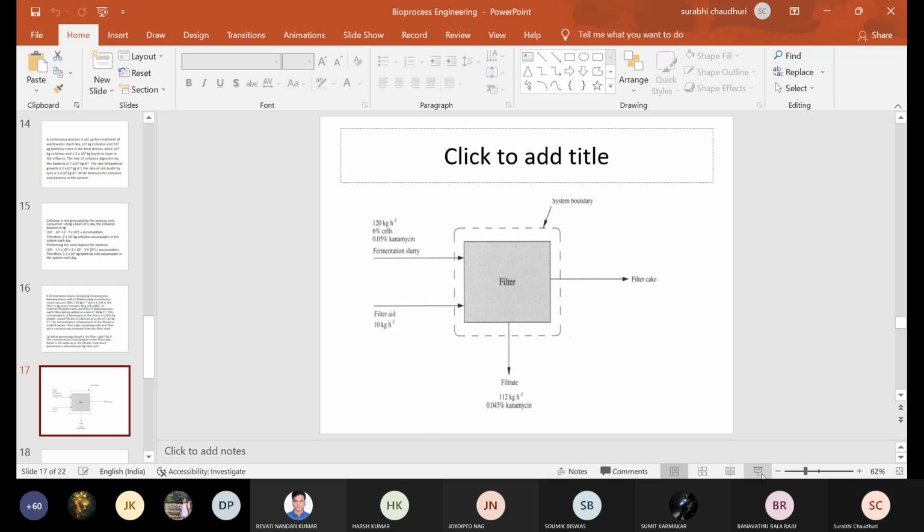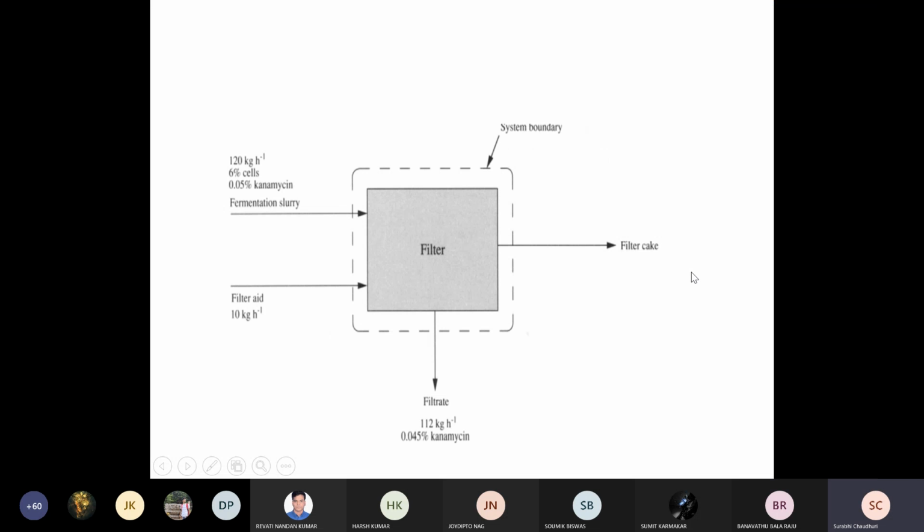So this is what, there is a nice picture of the system boundary, we have the filter. What is coming in is the slurry which has 120 kg per hour feed, which has 6% cells and 0.05% kanamycin, that we know.